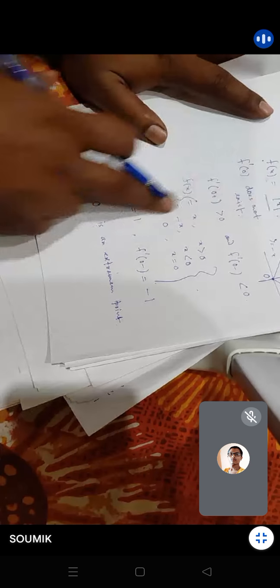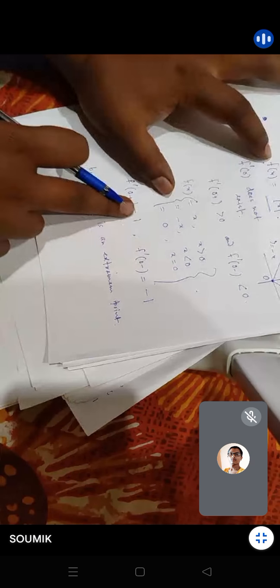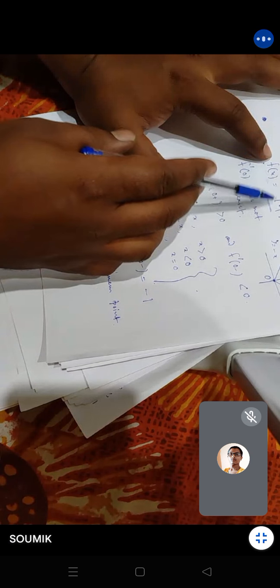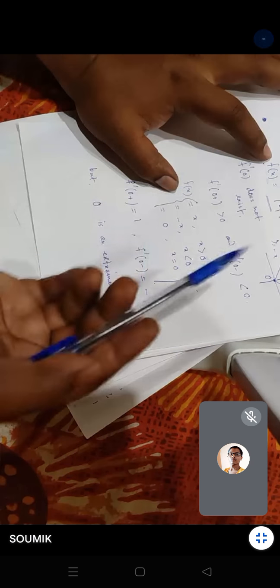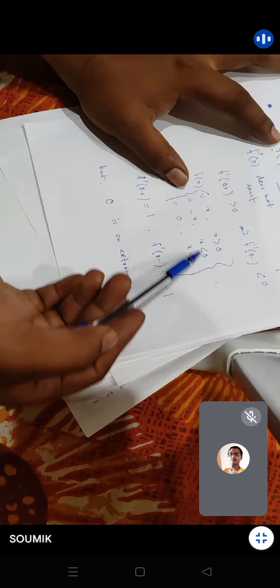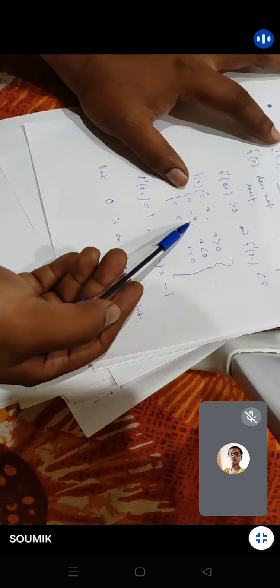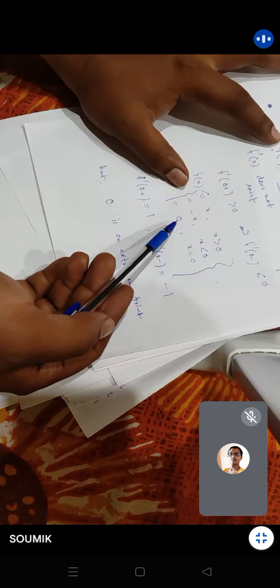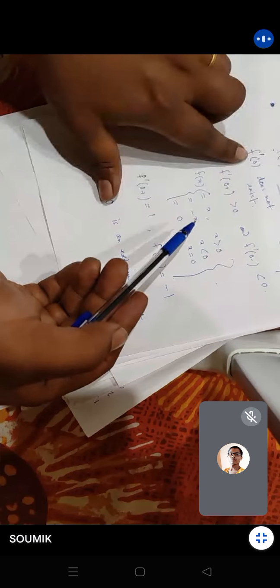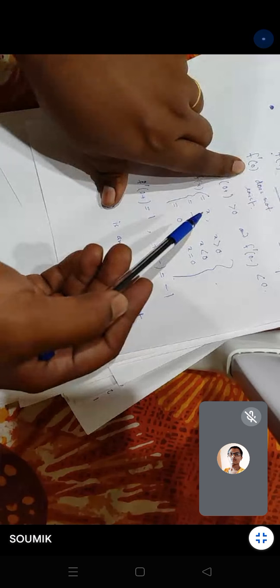So these two functions are similar, that means fx is equals to mod x. On the positive side it's a positive number, on the negative side it's a negative number, at the point 0 it's 0, right? Now come to the point, f dash 0 exist or not, right?